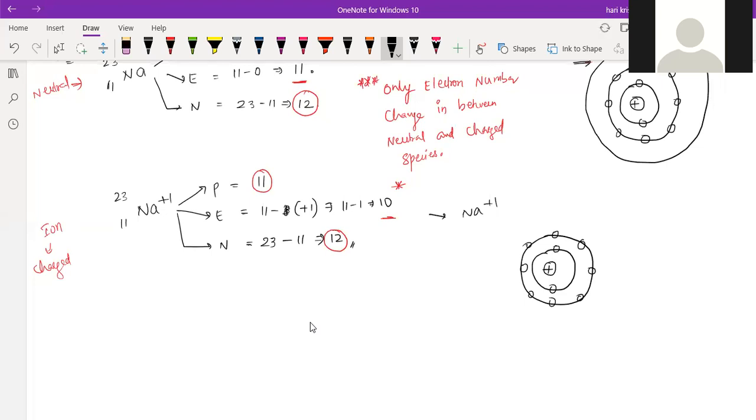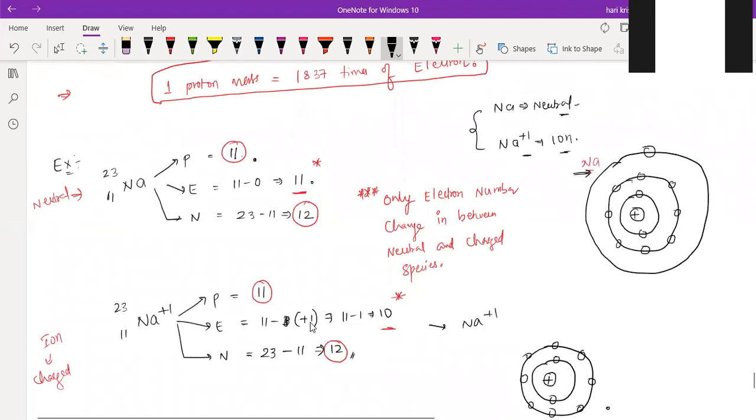If it loses the electron from the outermost shell, it will get the octet configuration. We'll discuss the octet configuration afterwards, but clear now, right? How to draw the structure of the atoms.